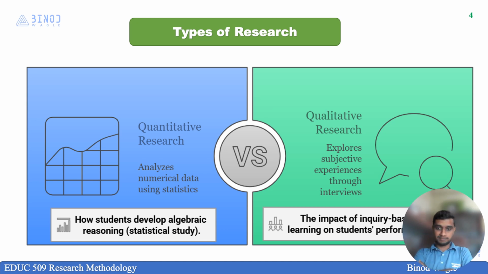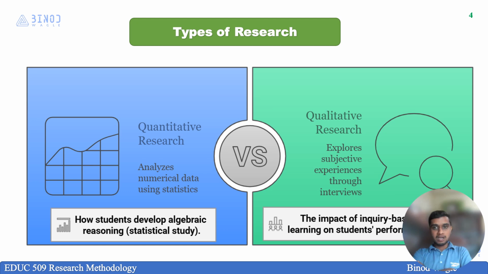Then what is quantitative? Quantitative means which can be measured. It deals with numbers. Quantitative research always uses statistical data to analyze, and results are found through mathematical methods. Yes, through the numbers.